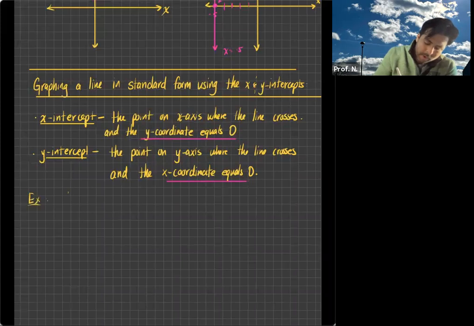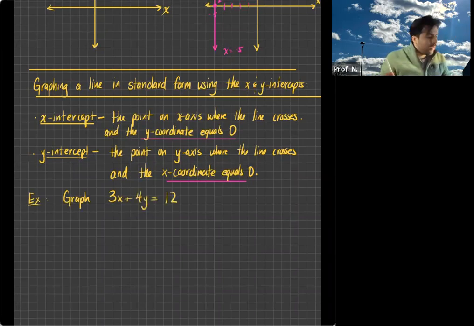Suppose I want to graph 3x plus 4y equals negative 12. Now, what we could do is what we did earlier, right? We could solve for y. Get y by itself, rewrite it in slope-intercept form, and move on with our lives.